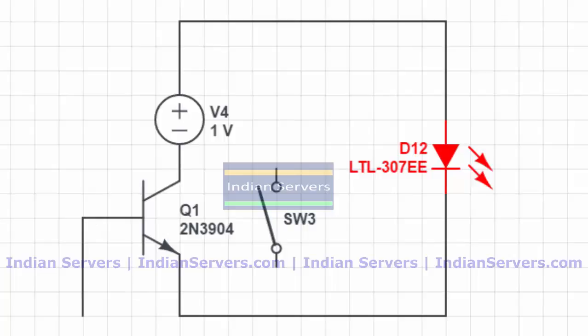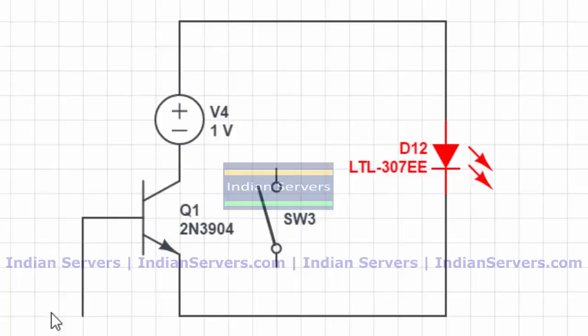The controller is programmed to generate a 5-volt pulse. That particular 5-volt pulse will be given to the base of the transistor, and finally the circuit gets activated. If we use a PNP transistor, it can be activated by giving 0 volts.